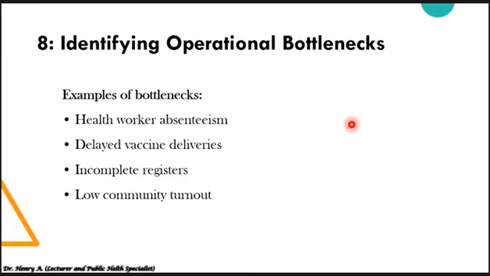And so in trying to monitor, it could become difficult because you find out that health workers are absent. There are delayed vaccine deliveries. There are also incomplete registers, and there is low community turnout. These are operational bottlenecks that affect the process of monitoring.